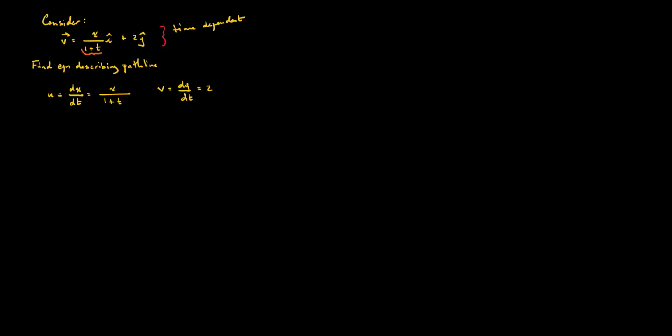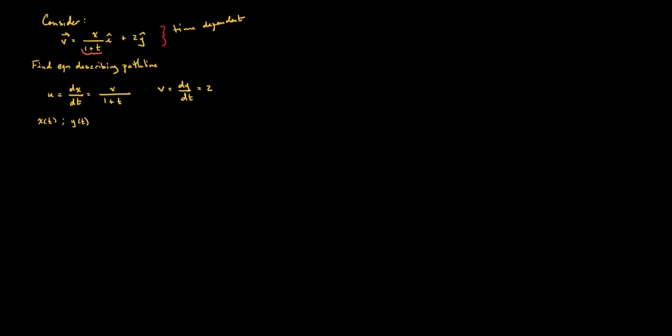So what we want to try to find is something in the form of x of t and y of t. You know, how does the particle evolve through time in space? Okay, so what will be the position of a certain particle, x or y, as a function of time?